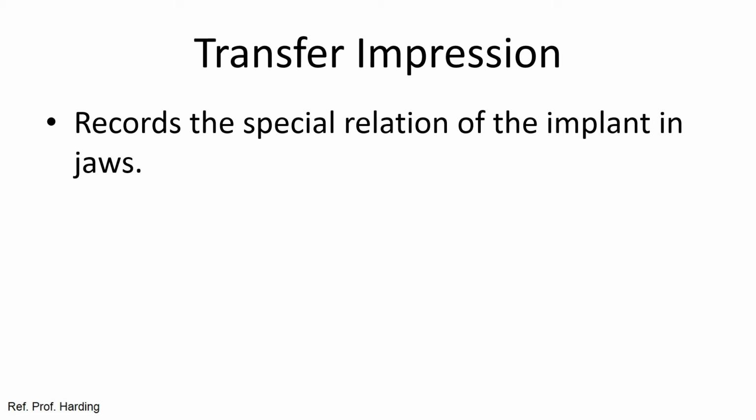Certain implants may end up being loaded more than other implants. Also, there's going to be a greater tendency for perhaps implant or component fracture if the fit isn't optimal.